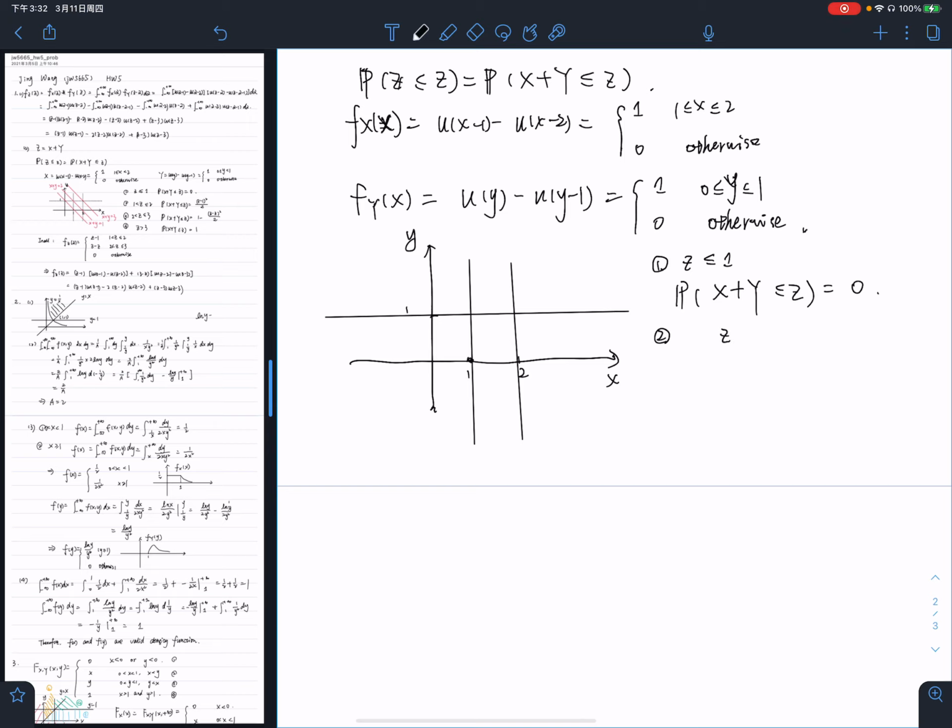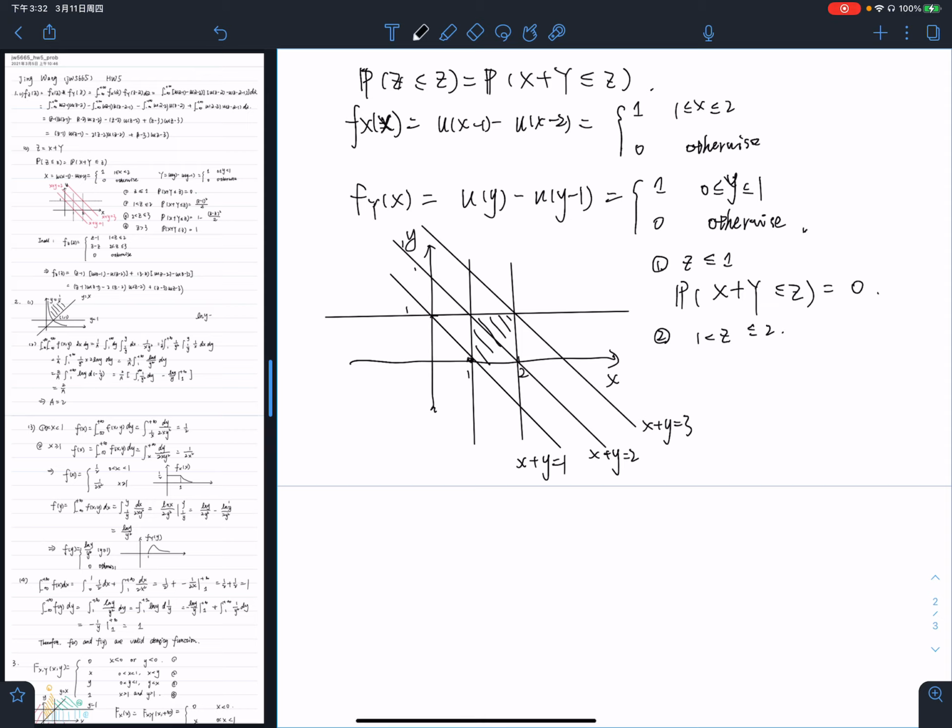And if z is larger than 1 and smaller than 2, in this area the density function has value. We draw these lines: x equals 1, x equals 2, and y equals 1, and x plus y equals 3.